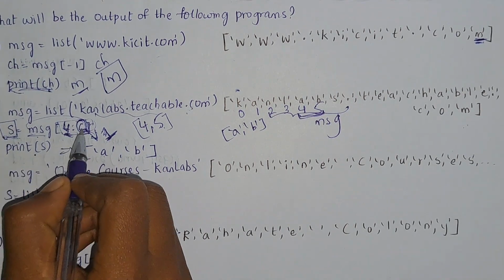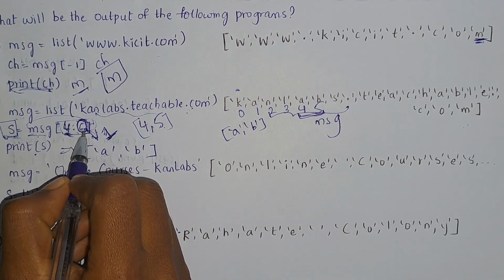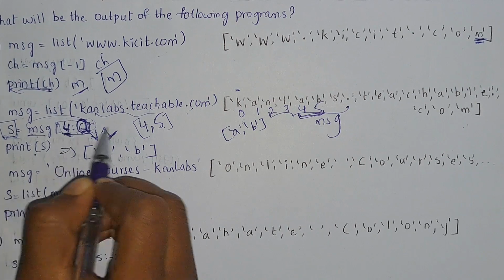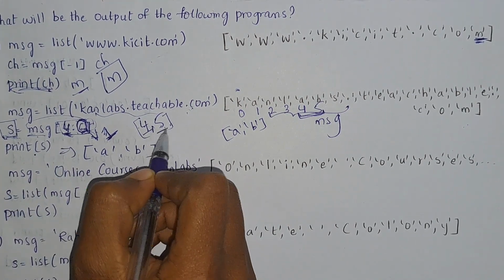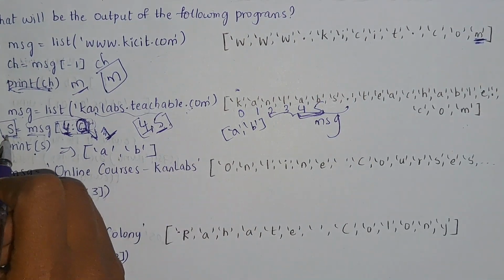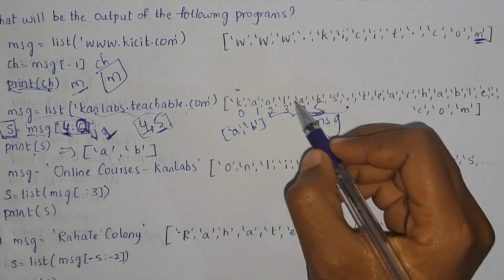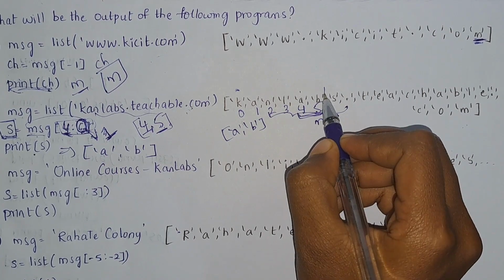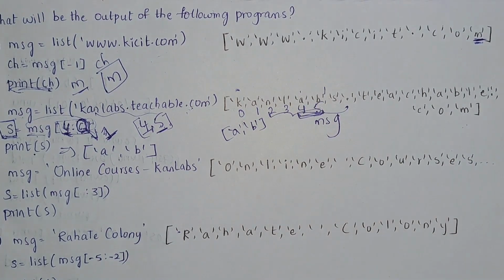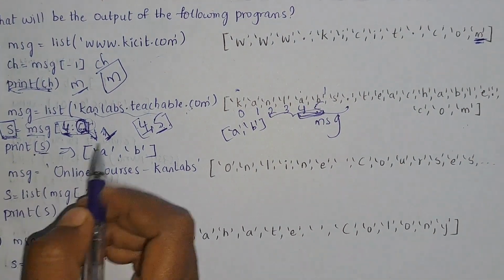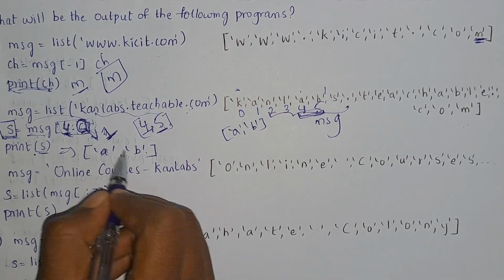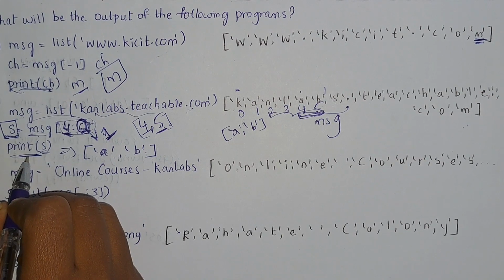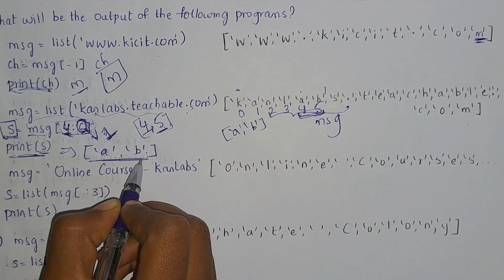That means now the 6 is excluded, means exclusive, and the 4 and 5 are included. So the items at the index 4 and 5 are stored into the S list. So that means the 4 and 5 are A and B as the items. So now your S will store the items as characters A and B as the list. So if you print the S, you will get it as the output.